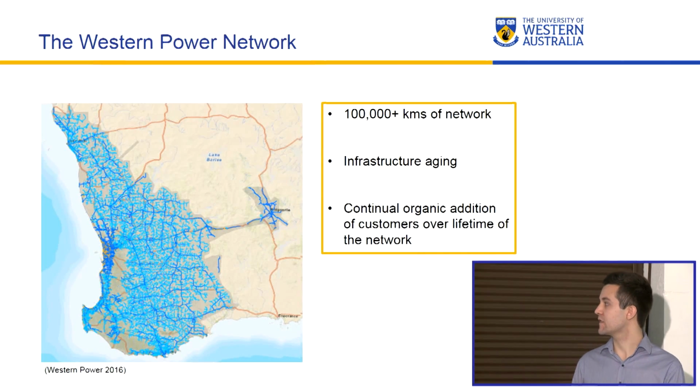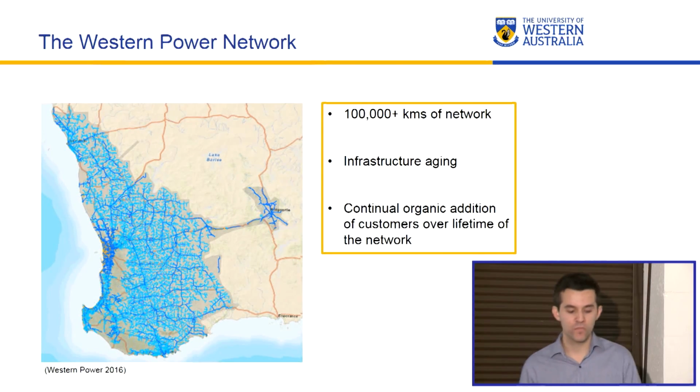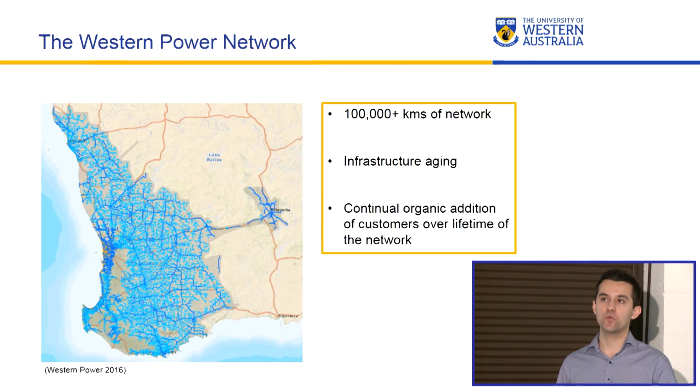In addition to that, the network over the past 40 or so years has continued to increase in size. That is, customers have continued to connect to the network beyond the original construction in the 1970s and 80s. So the people who designed the network to begin with couldn't possibly consider the future connections, the future customers they would have had to connect.